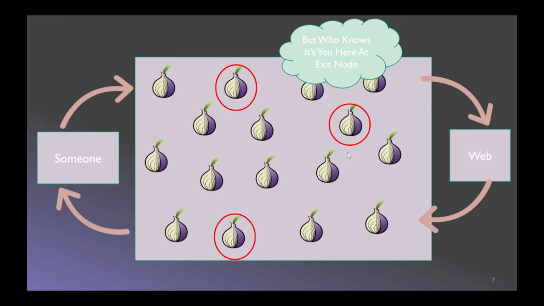So if I am in the network of these persons, and one more bad thing, if I am at the exit node, then this website will log my IP address. But the one problem, again, is that we don't know whether that person is using Tor for legal or illegal activities.